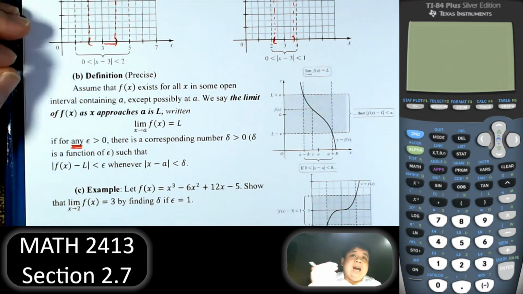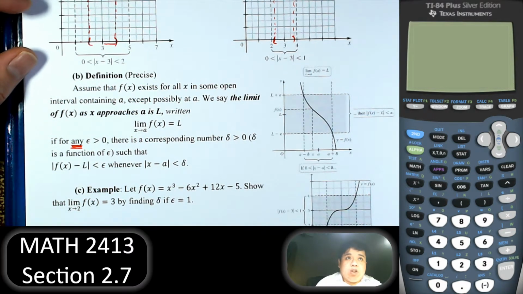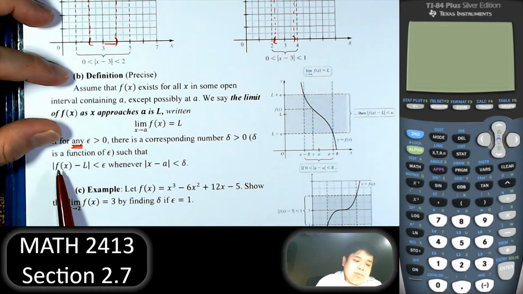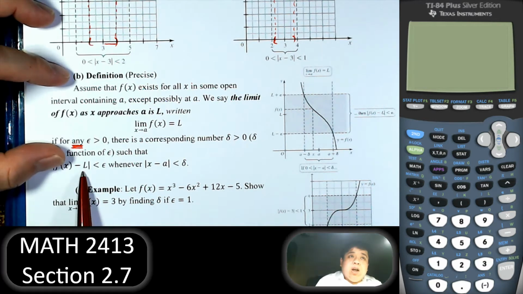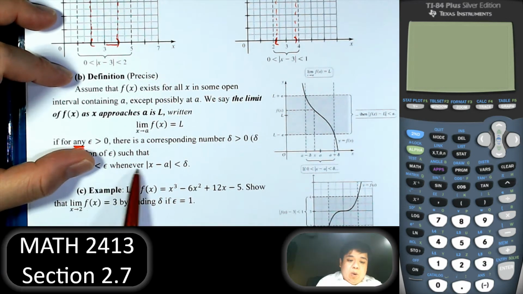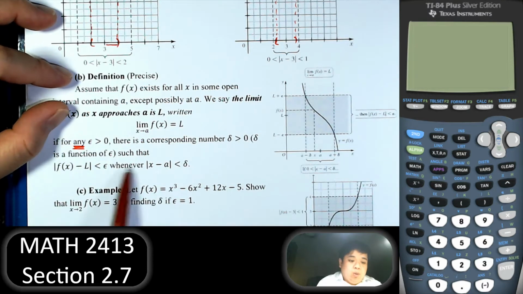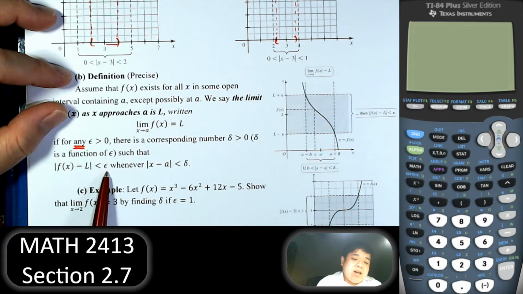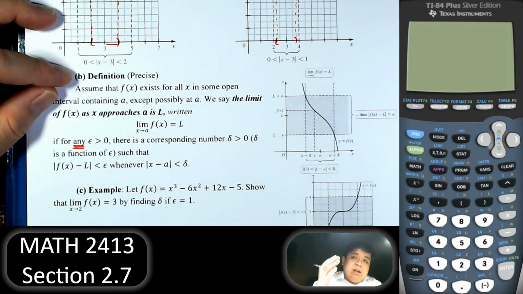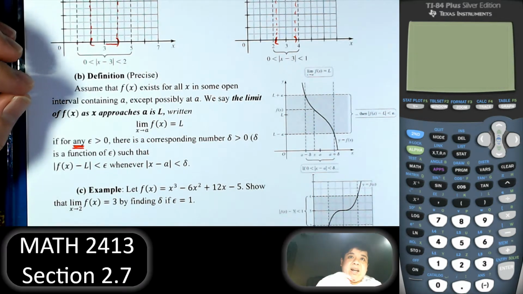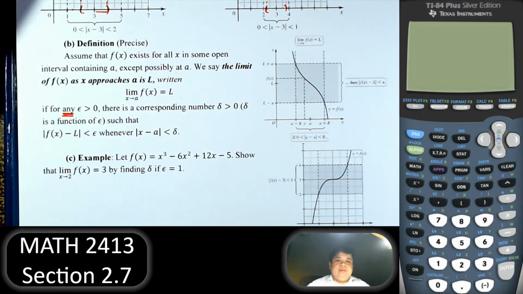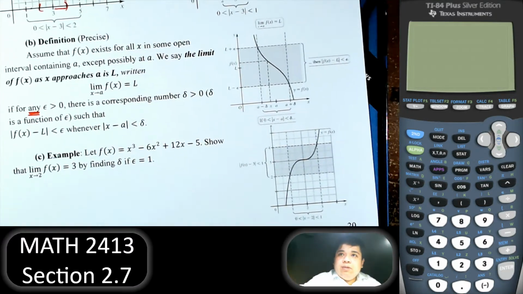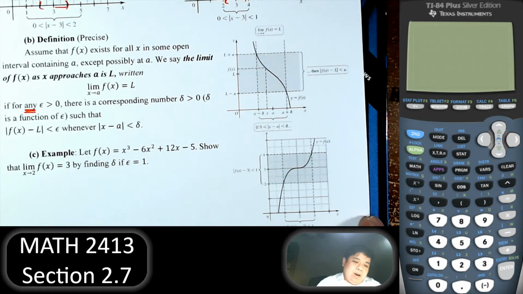So we can say delta is a function of epsilon if we want to, such that the value of the function is close to L whenever x is close to a. We write this as the absolute value of f of x minus L less than epsilon whenever the absolute value of x minus a is less than delta. Right.